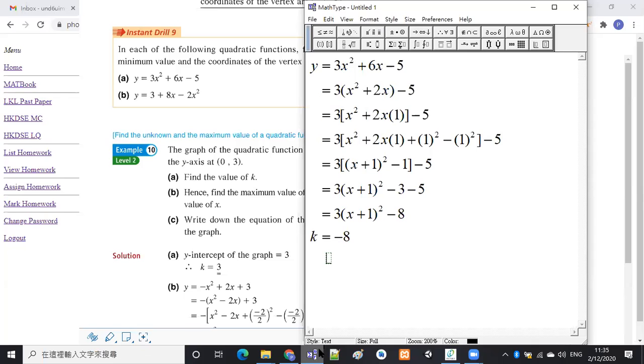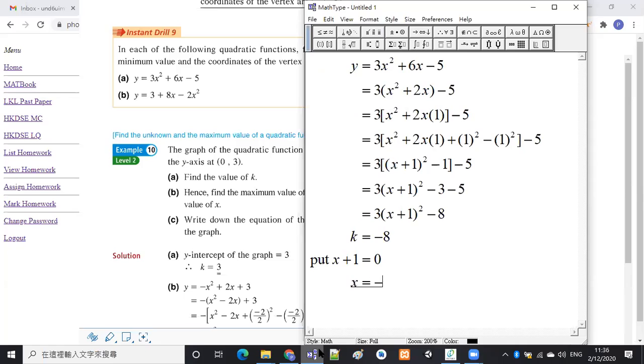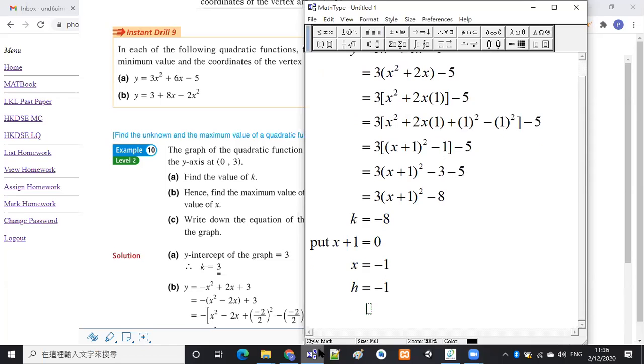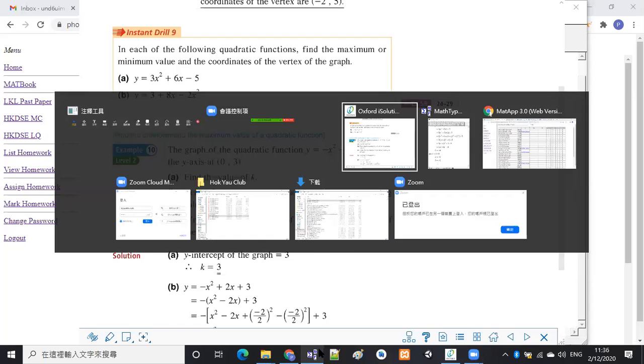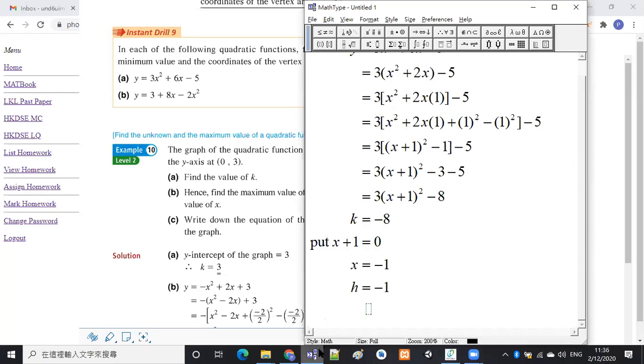And when we put the bracket square to be 0, you'll find that x is equal to negative 1, which means that the h value is equal to negative 1, okay? And then answering the question, it asks you to find the maximum or minimum value and the coordinates of the vertex. So in this case, the vertex is negative 1 and negative 8.